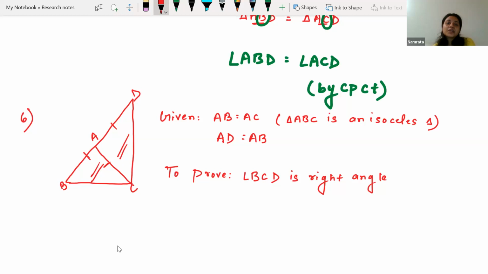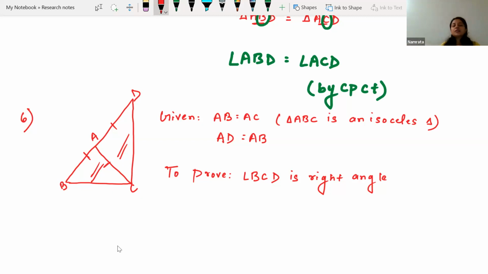Because congruency, the byproduct or the result of congruency is what? When you say this triangle and that triangle are congruent, then the extra information we get from there is that this angle is equal to that angle, corresponding angles and corresponding sides.